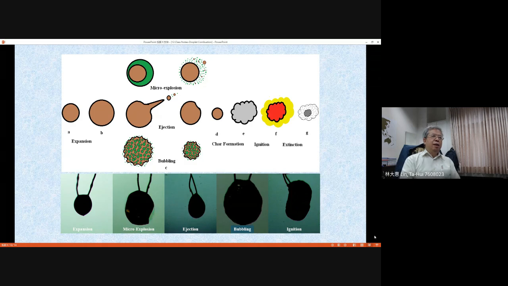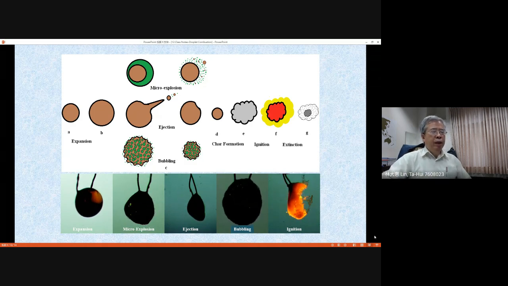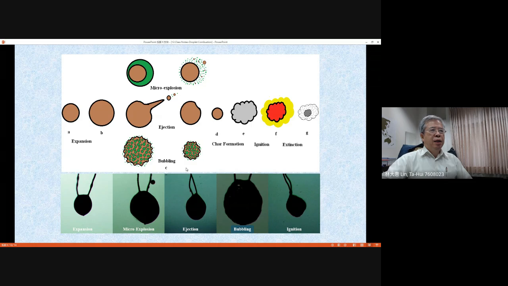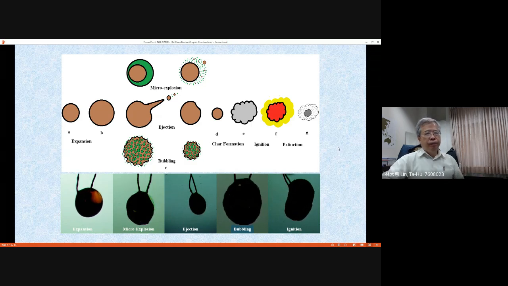In the heating process of the droplets, you can find they go through stages A, B, C, D, E, F, G, different kinds of features in droplet size variations.